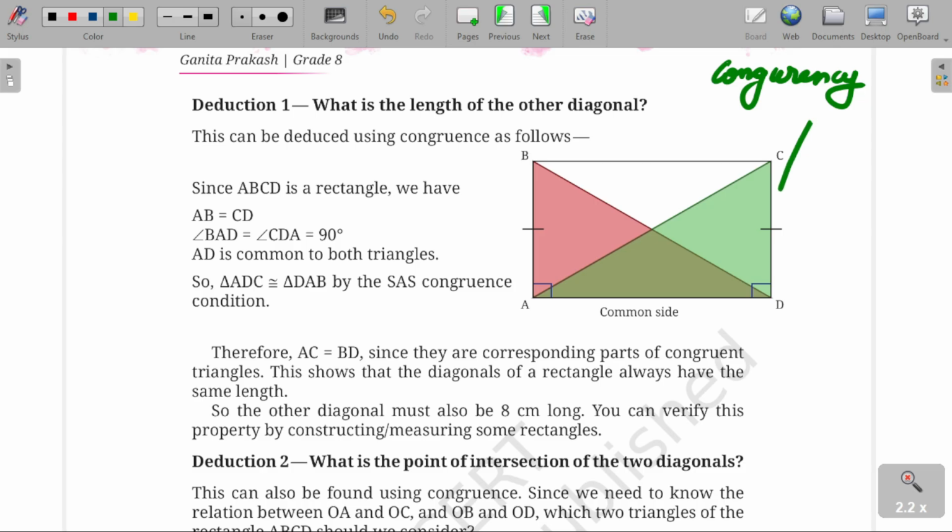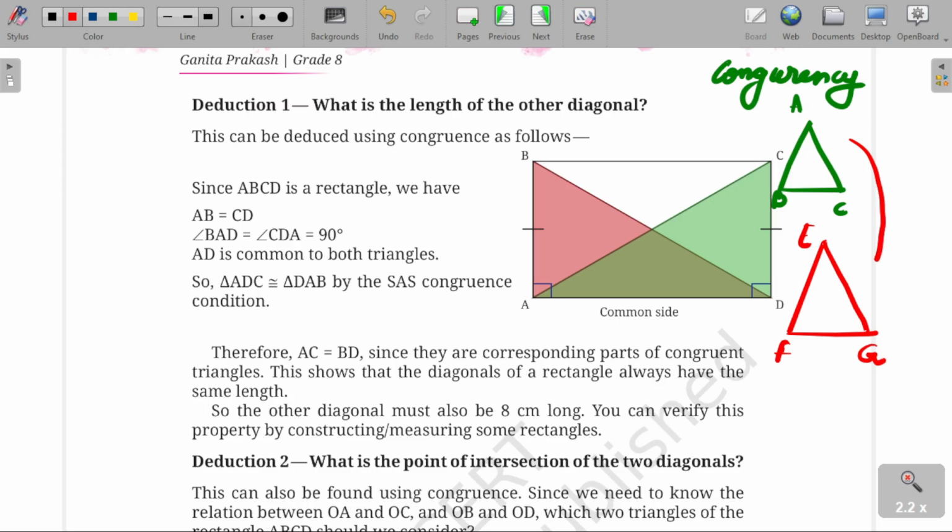Like I have two triangles, one is ABC, and second is EFG. Let's say these are the two triangles.